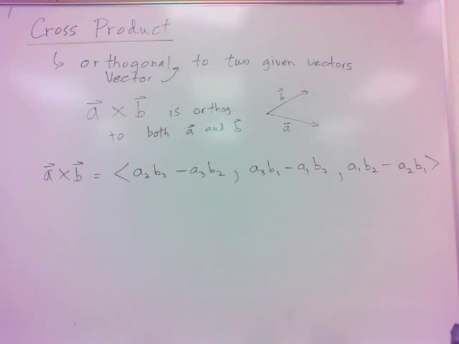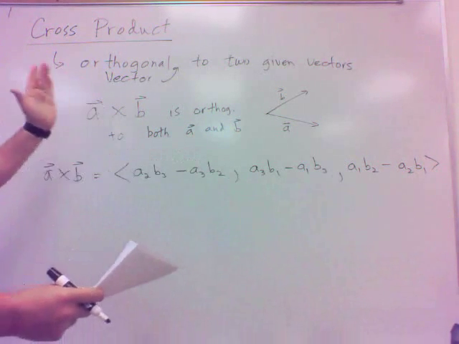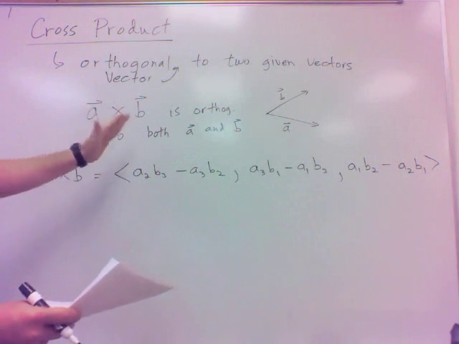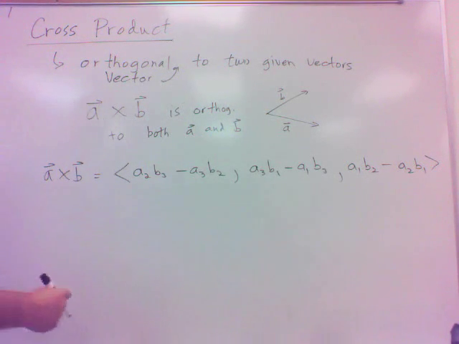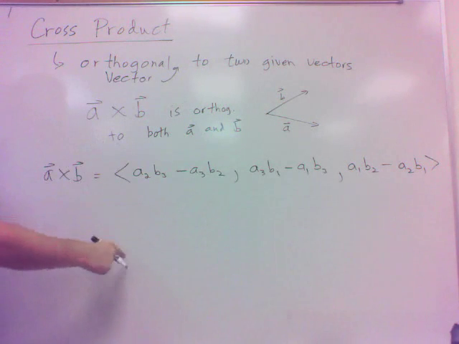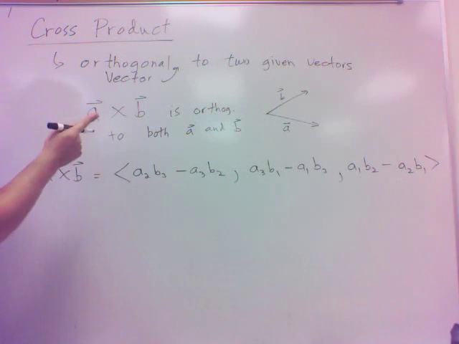But what I was going to show you is that this vector here is indeed perpendicular to both. How could I show that this is perpendicular to A and B?